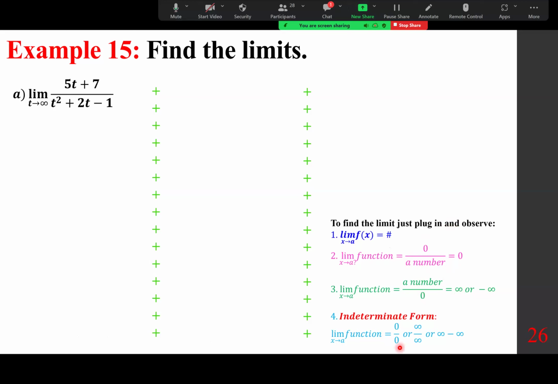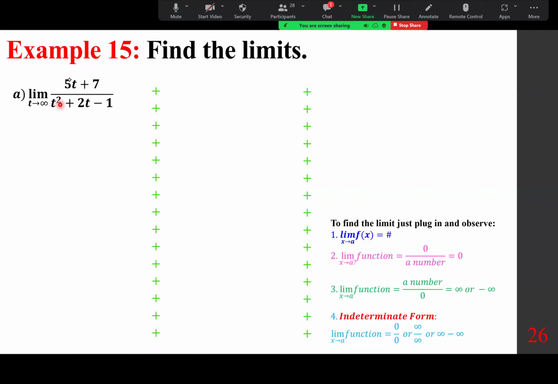And if it's 0 over 0, infinity over infinity, infinity minus infinity, and there are many more forms like that, they are called indeterminate forms. In the case of indeterminate forms, which we come across often in calculus, they basically mean more work, which means you use your algebraic techniques to figure it out.